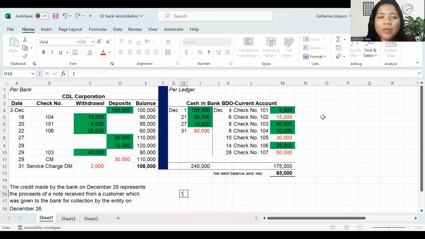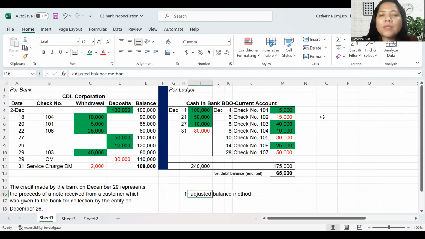So we have here the adjusted balance method. This adjusted balance method is the commonly used type of bank reconciliation, wherein we put into agreement our balance per bank and per book. That's why there is what we call adjusted book balance and adjusted bank balance.